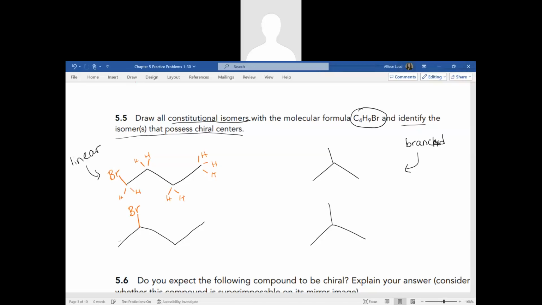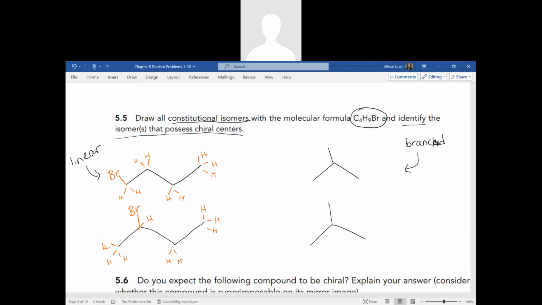So this is our first constitutional isomer. And then down here, we'll fill in where all the hydrogens need to be. So we have 3, 4, 5, 6, 7, 8. And then we see on the carbon with that bromine, we also would have a hydrogen. So there's number 9. And these are the 2 linear constitutional isomers with 4 carbons.